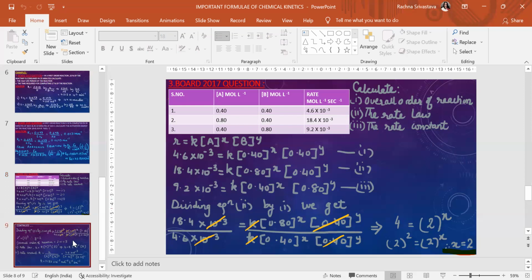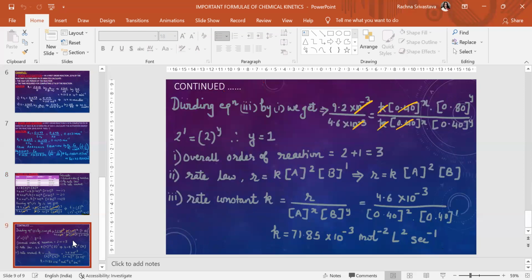Then comes the next part. In the next part, you will choose such two values where the value of concentration of A raised to the power x is same. So we get two values and then we equate, which says dividing equation 3 by equation 1.